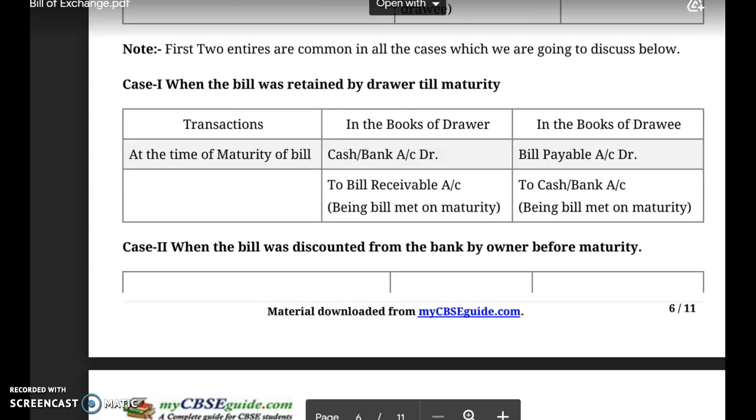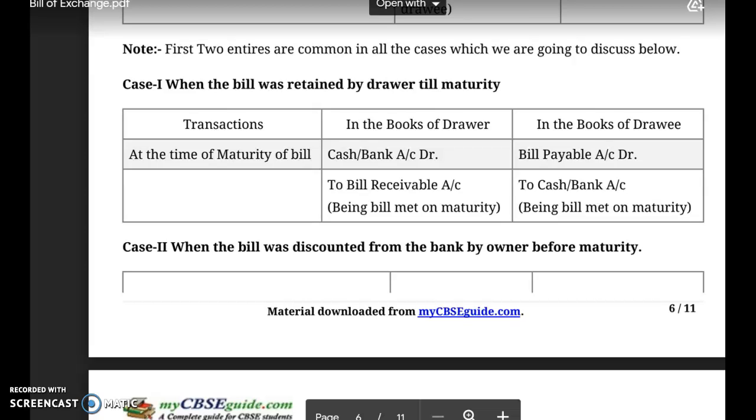In this case, the drawer keeps the bill with himself till the date of maturity, and on the due date, when payment is received by him, the entry in his books will be cash or bank account debit to bills receivable account. That means if the payment is received in cash, he will debit the cash account, and if the payment is received through pay order, bank draft or check, he will debit the bank account and return the bill receivable to the drawee.